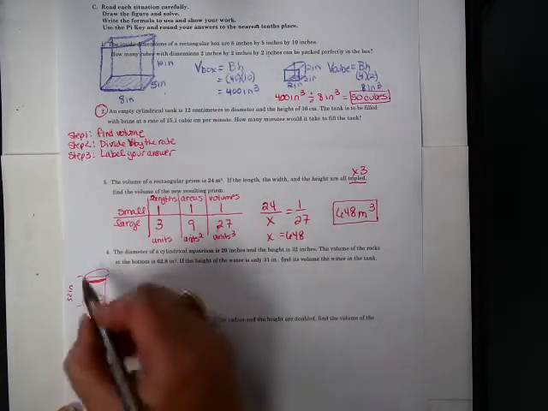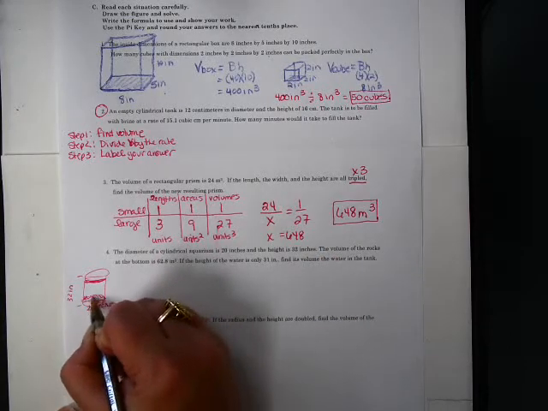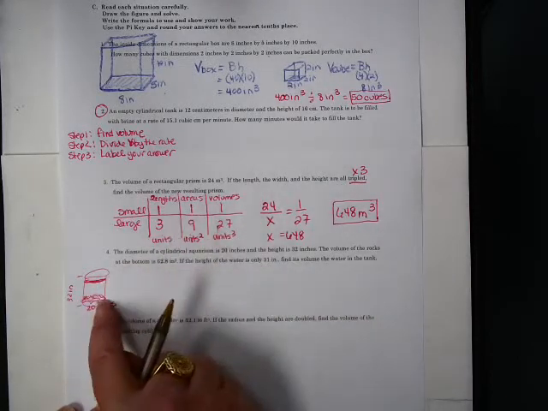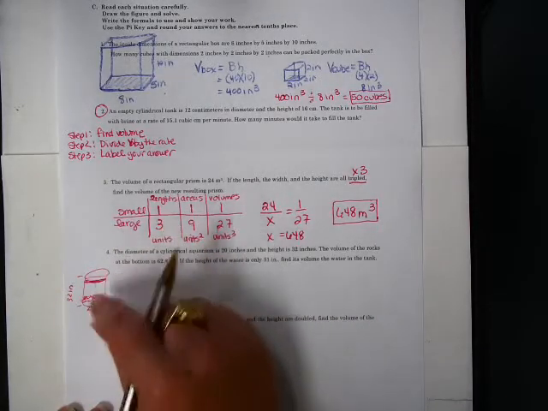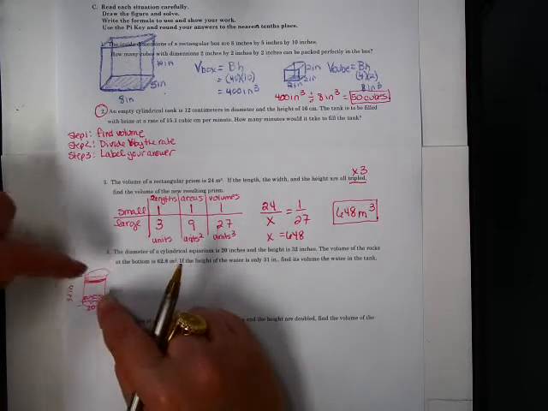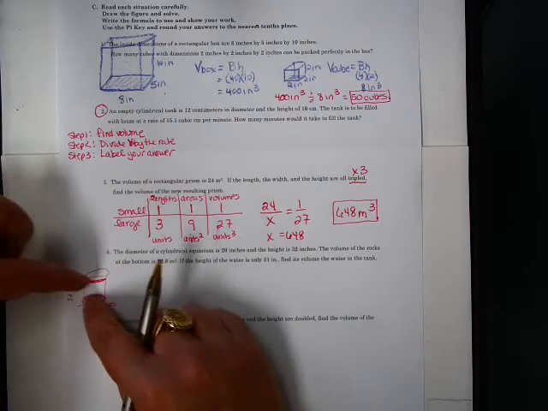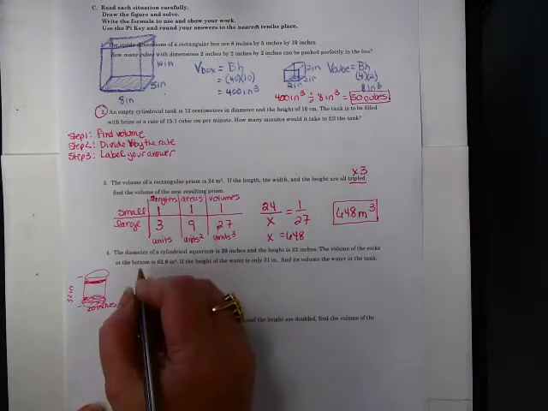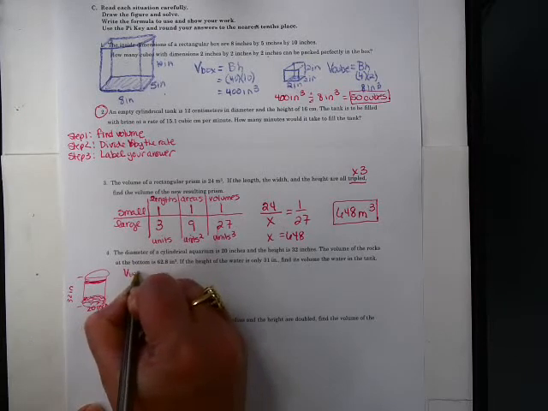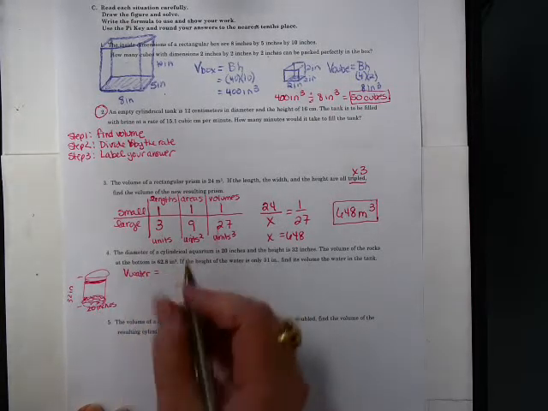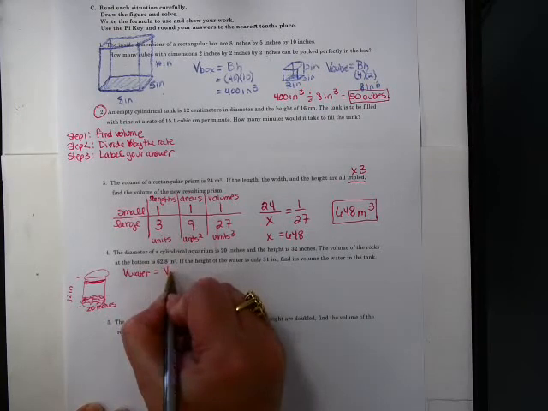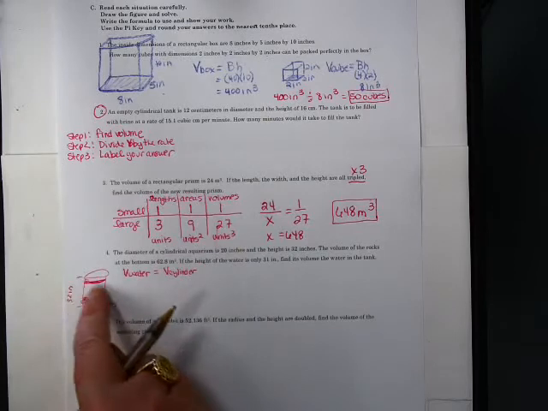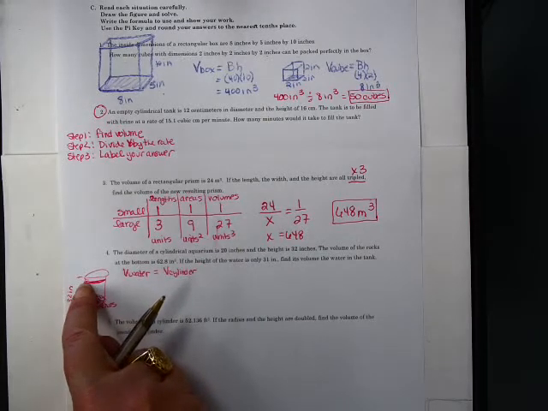And in the bottom they put rocks. So there's all these rocks down here. What they want you to find is the volume of the water. So the rocks, they displace the water. You want to find the volume of this. Well, to do that, the volume of the water will equal the volume of the cylinder, but not at the top of the height, only to the top where the water goes, the water line limit.